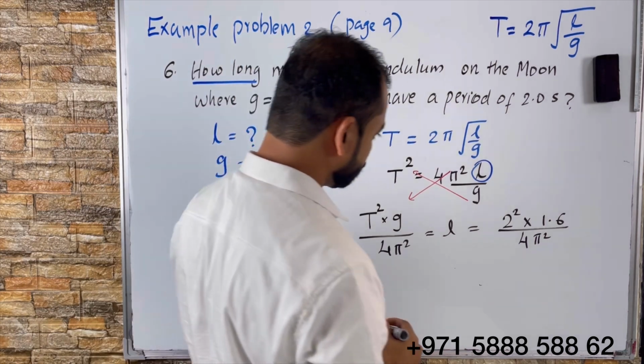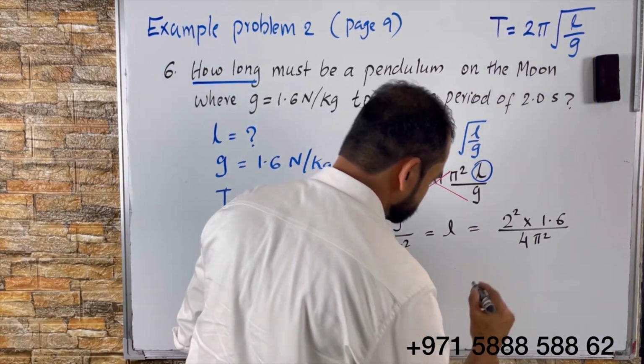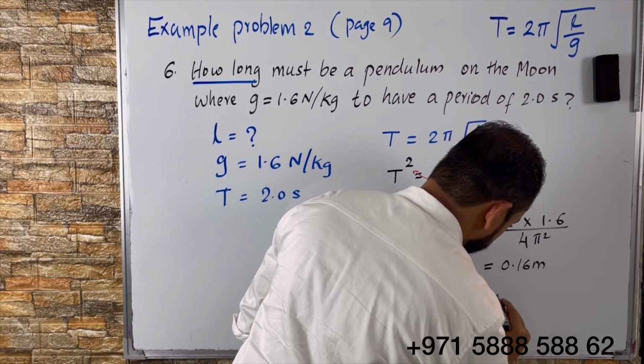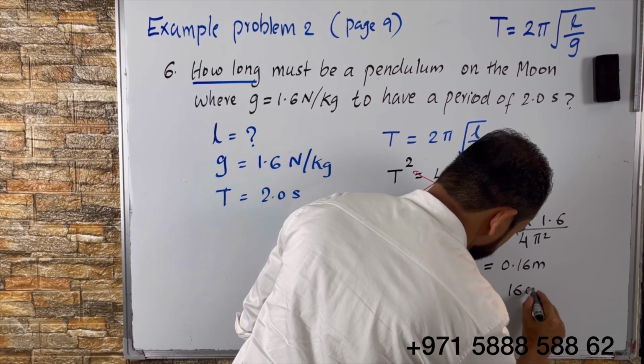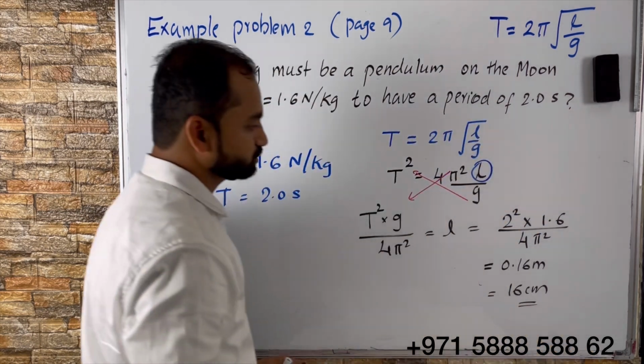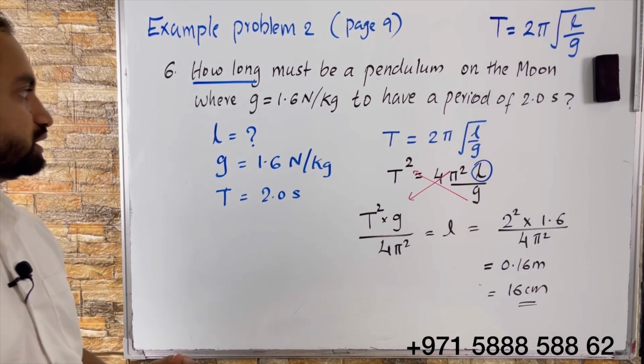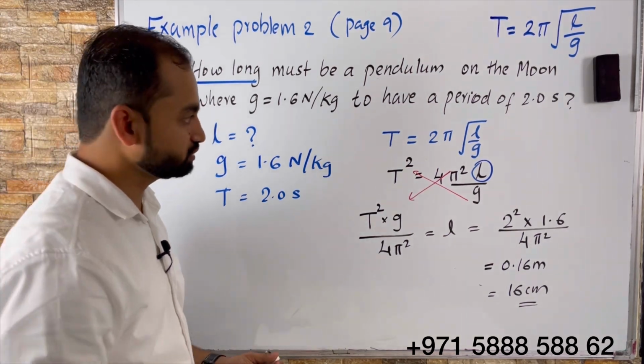So 0.16 meter, right? That is the length. 0.16 meter is the length of the pendulum, which means 16 centimeter, right? The length of the pendulum should be 16 centimeter to have a period of 2 seconds on the moon.